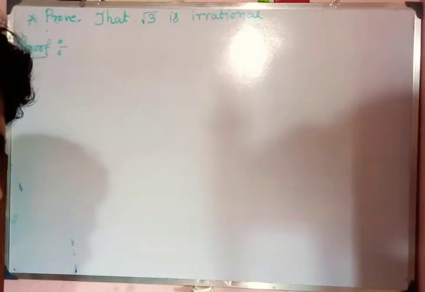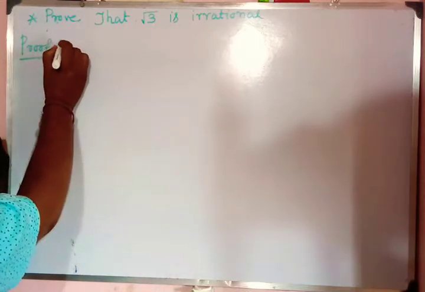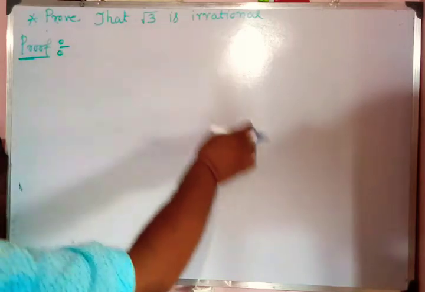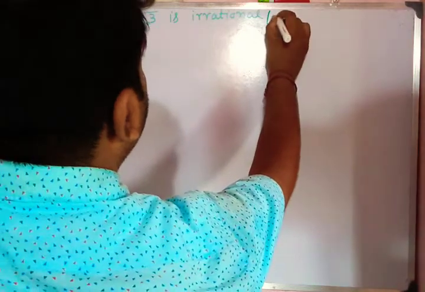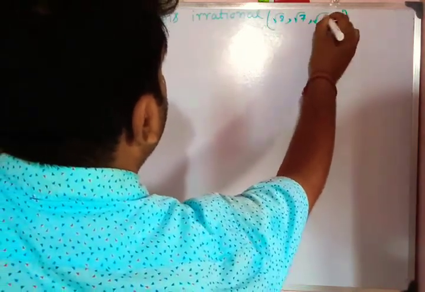So for that proof, we are going to prove that root 3 is an irrational number, and the process should be similar for root 2, root 7 or root 5.